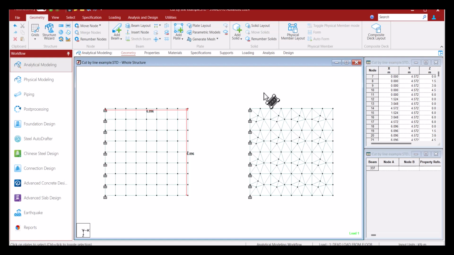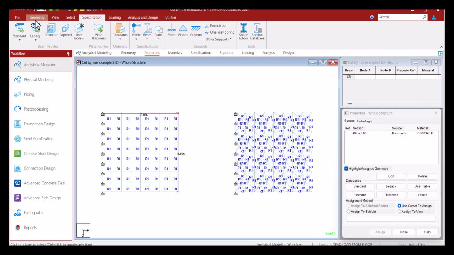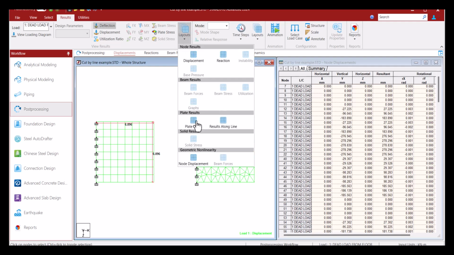So first of all, let's see what exactly we are talking about, like cut along line. Those who are new to STAAD, just to let you know that this is a very powerful feature, a very beautiful feature. You can find it somewhere here, maybe, I think, yeah, in the post processing, and here you can see Result Along Line. Previously, we used to call it cut along line, but it's the same thing.